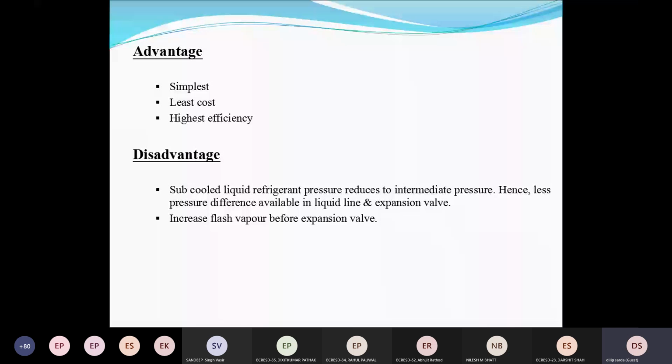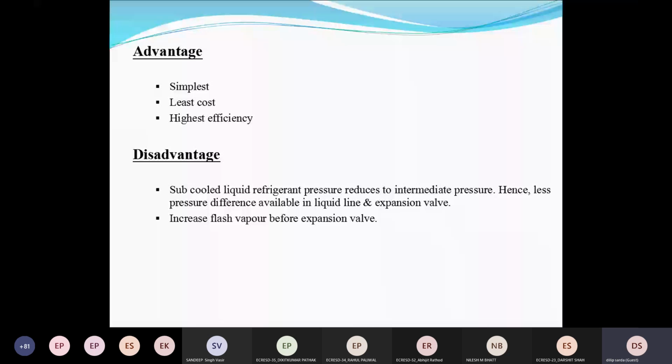What is the problem? You then require an expansion valve of higher capacity for the same flow. Because the pressure difference is less, the size of the expansion valve required is slightly bigger. Also, it increases the flash vapor before the expansion valve. Can you understand this statement?